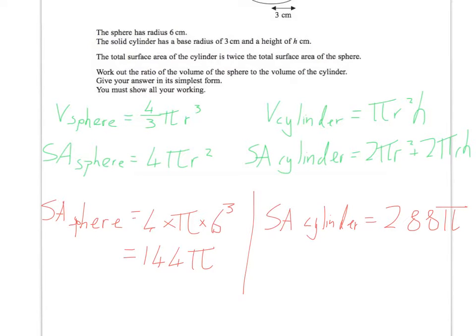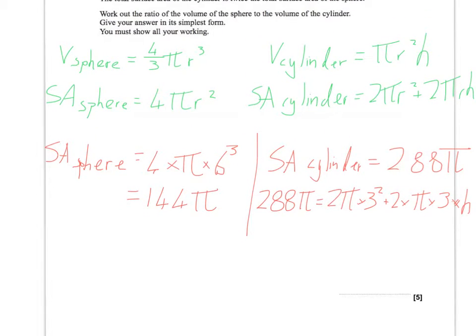Now, if I use this equation above as well, I know that 288 pi is equal to 2 times pi times 3 squared plus 2 times pi times 3 times h. Right, let's rearrange this to make h the subject of the formula.